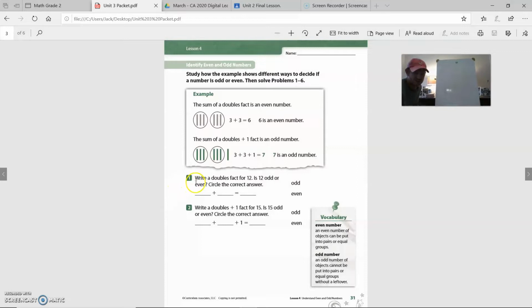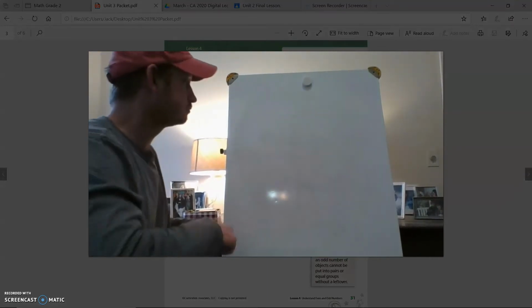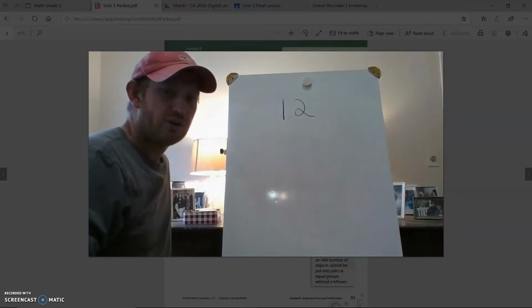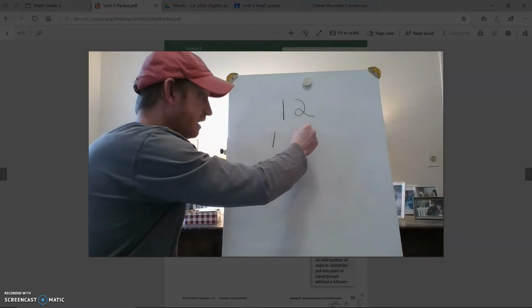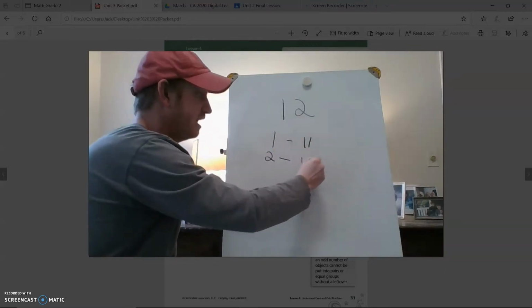Number 1 says, write a doubles fact for 12. Is 12 odd or even? Circle the correct answer. Okay, well, we have 12. And let's write all of our fact families. We have 1 and 11. We have 2 and 10.